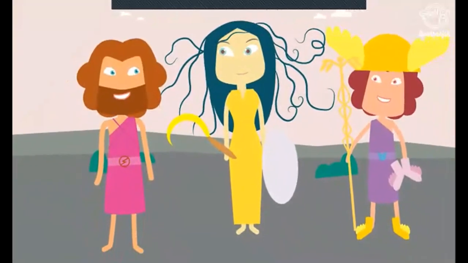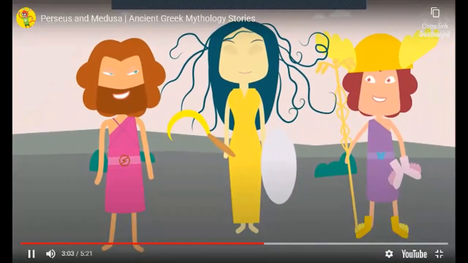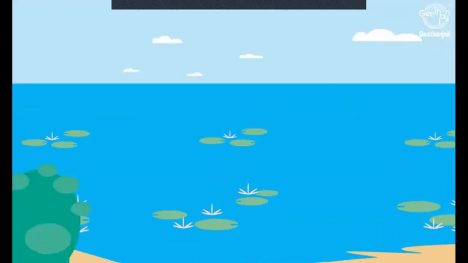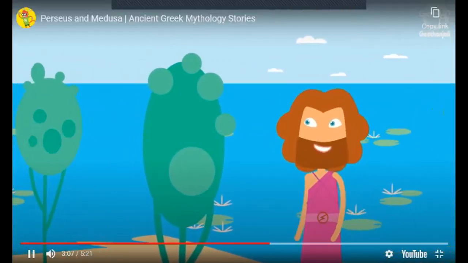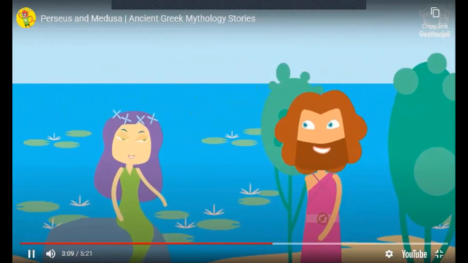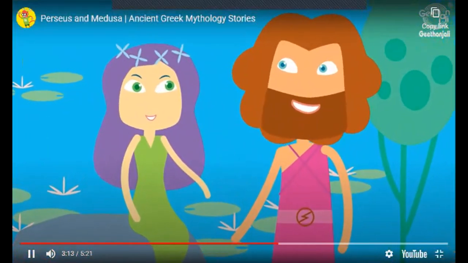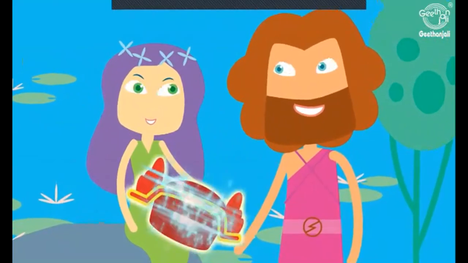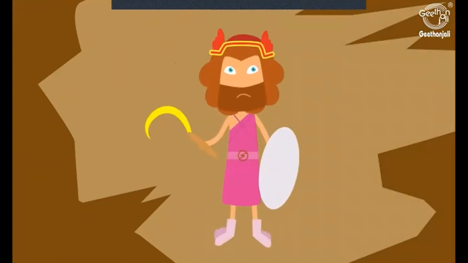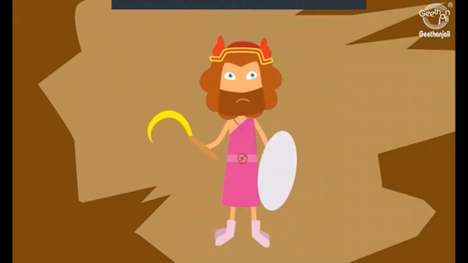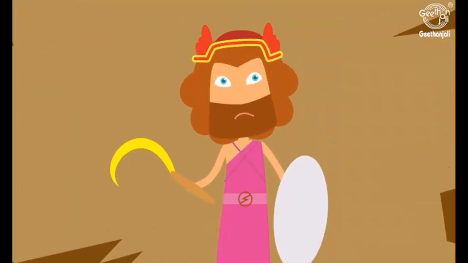They told him to meet the water nymphs for more help. Perseus searched for many days and finally met the water nymphs sitting by a river. When they heard the plight of Perseus, they took pity and gave him the magical helmet of invisibility. And so, with the help of gods and nymphs, Perseus was ready to take on Medusa.